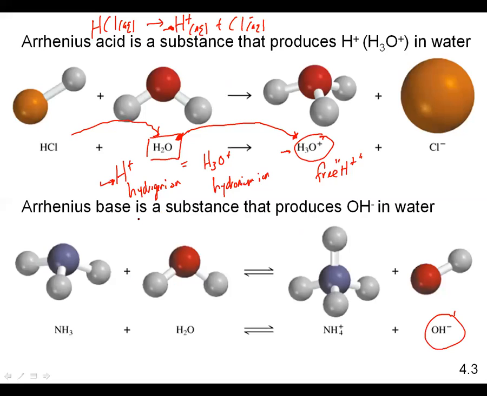A lot of strong bases like sodium hydroxide and potassium hydroxide are also strong electrolytes, which means when they go for a swim, they're going to 100% break apart into ions and produce a lot of OH minus really quickly, which is why they're considered strong bases rather than something like ammonia.